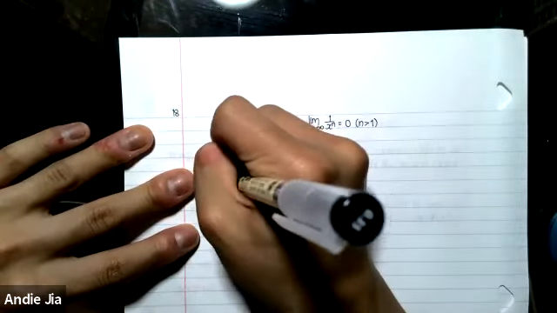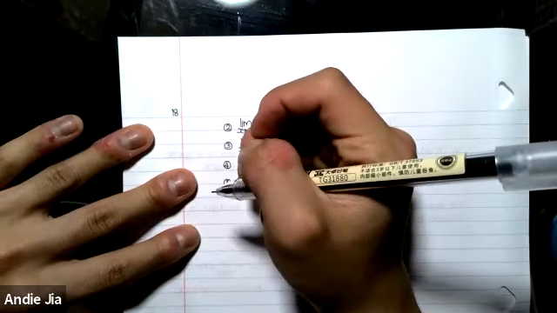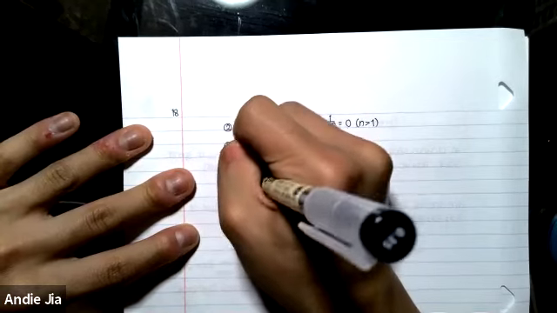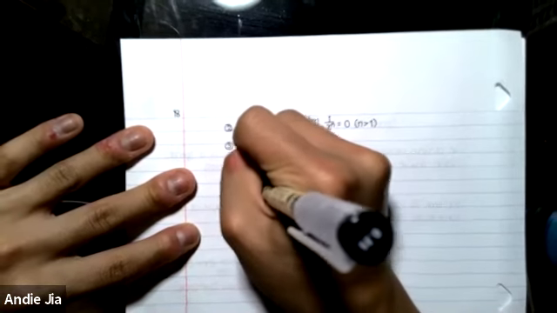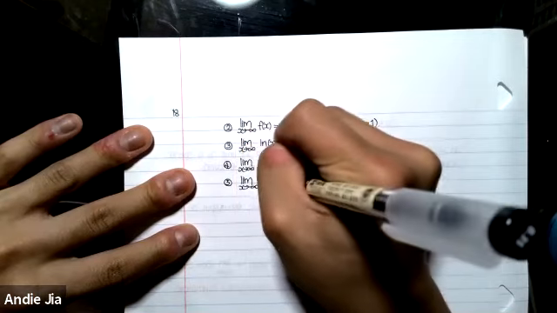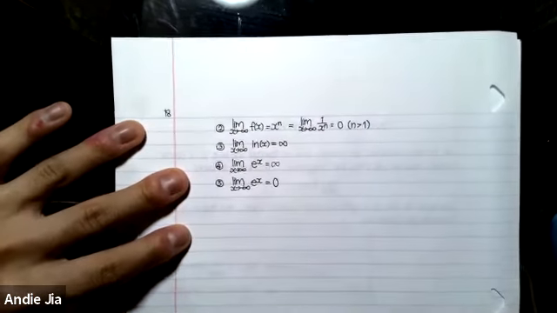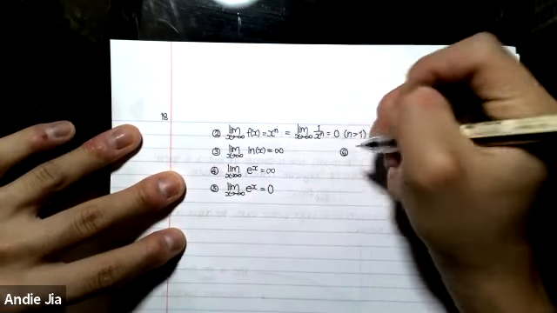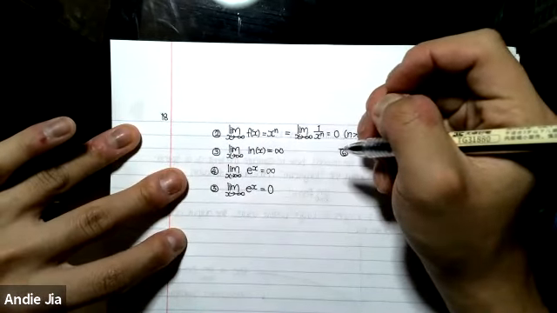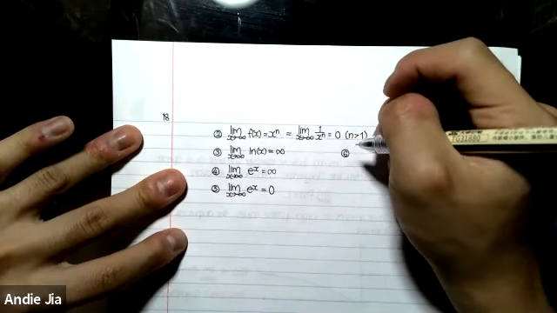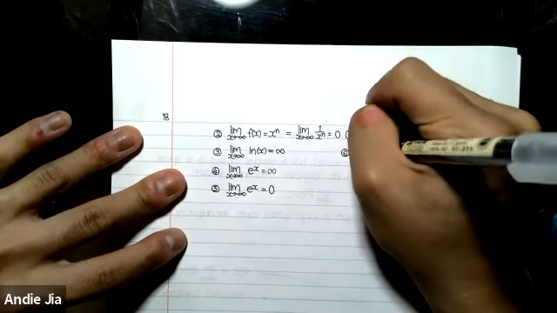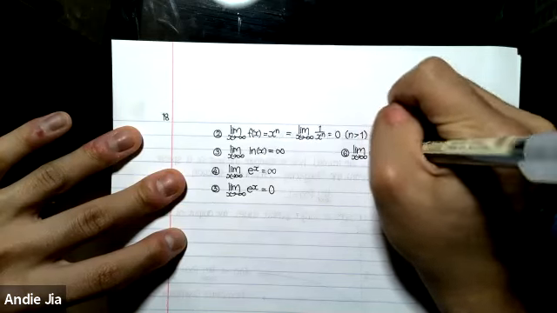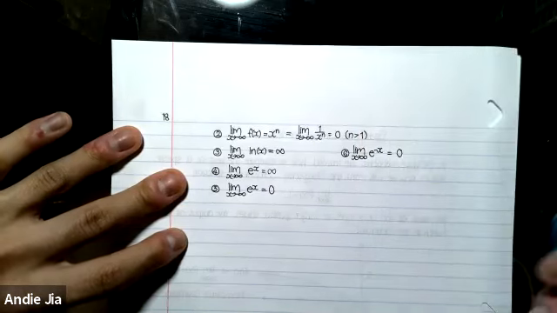And number 5, e to the x as x approaches negative infinity is 0. And number 6, the limit as x approaches infinity of e to the negative x power is 0.